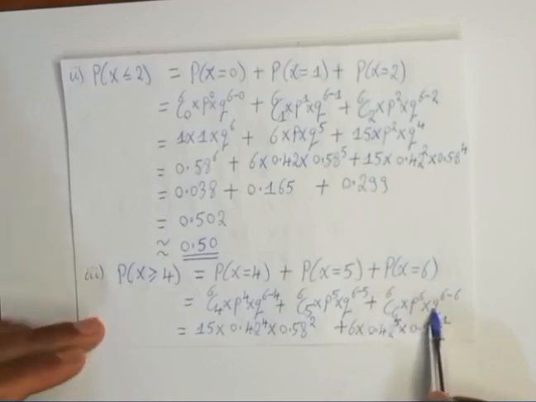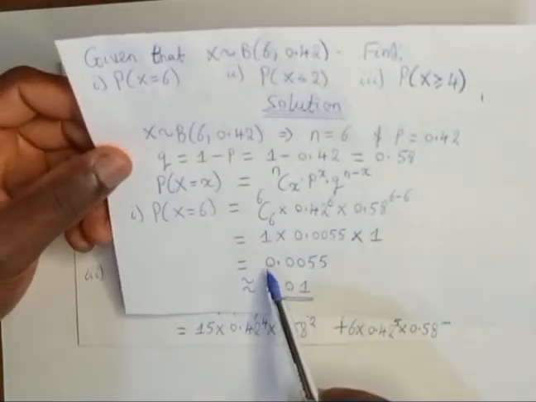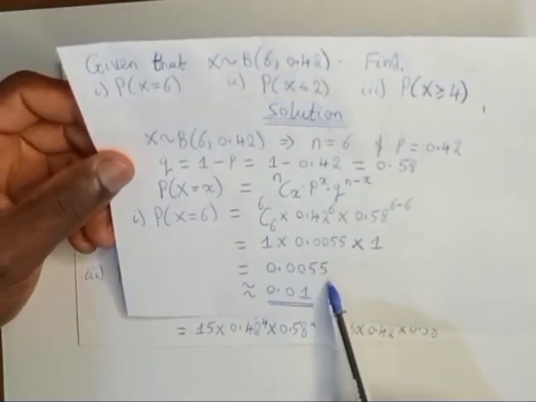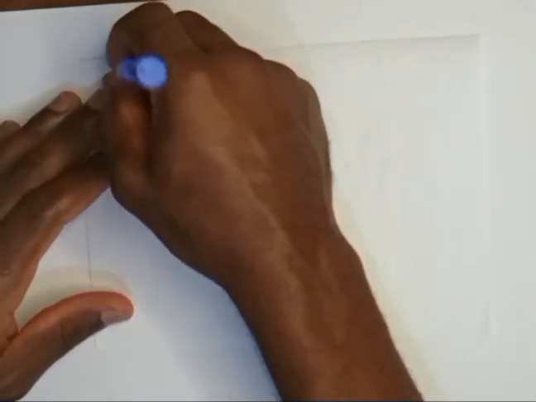Now we are left with this, which we are going to state the result because we calculated that in question 1, which gave us 0.0055 to 4 decimal places.